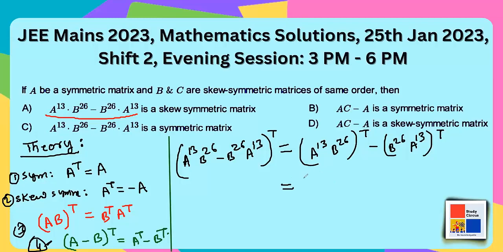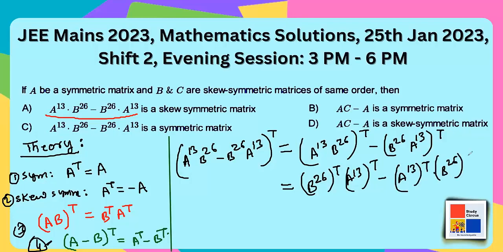Now again we use property number 3: this is (B^26) transpose (A^13) transpose minus (A^13) transpose (B^26) transpose.